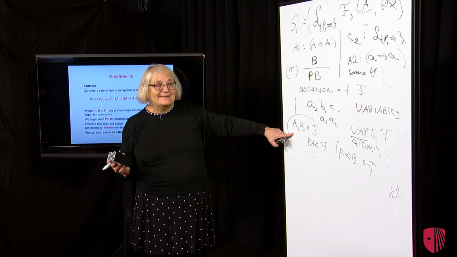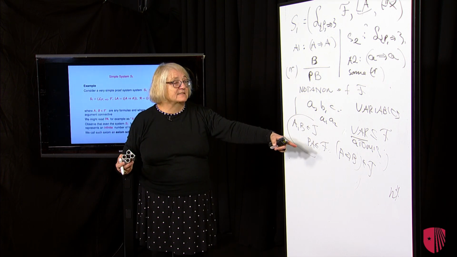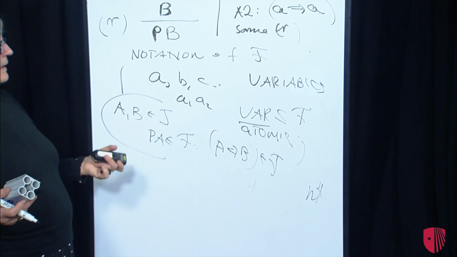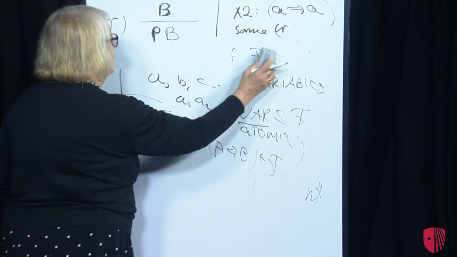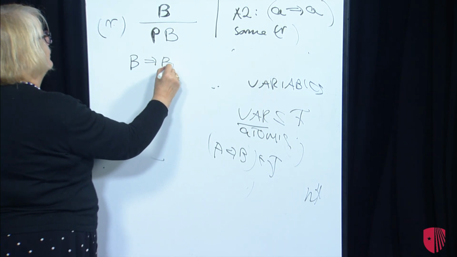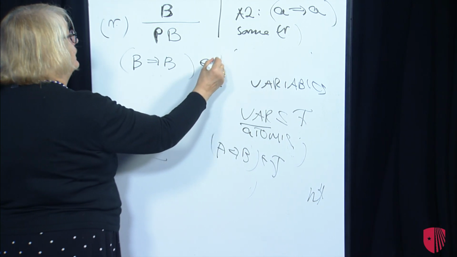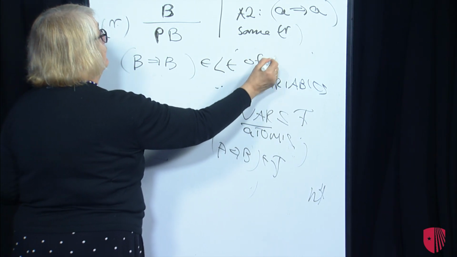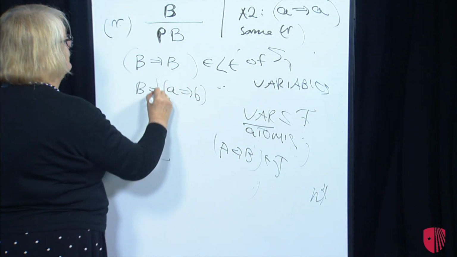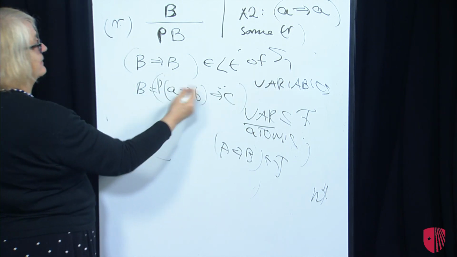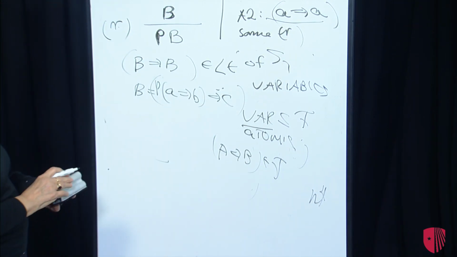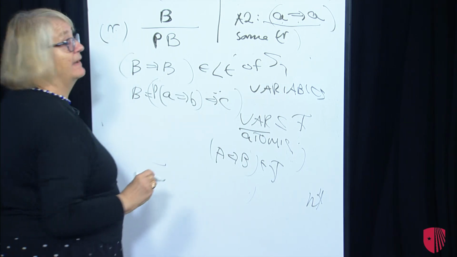It means capital letters denote complex formulas. Small letters denote only variables. So, of course, if I write a capital letter, that is not a logical axiom of S2, because B, for example, can be A implies B, or P implies C, a complex formula, whereas in S2 the only axiom can be variable implies variable.